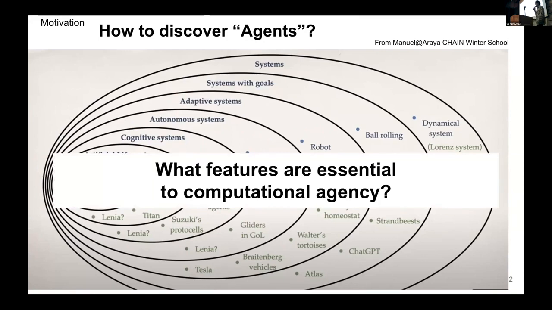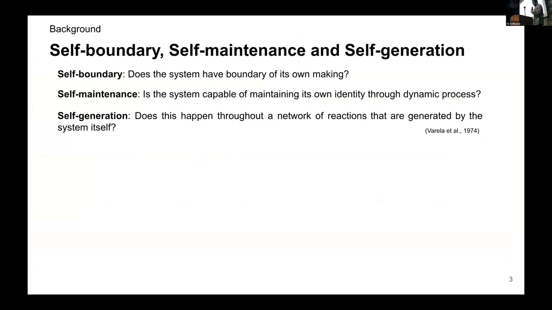So what features are essential to computational agency? Barandiaran says there are three components: self-boundary, self-maintenance, and self-generation. The self-boundary makes a boundary between the self and the environment, and the system also needs to maintain this boundary and generate it by itself.